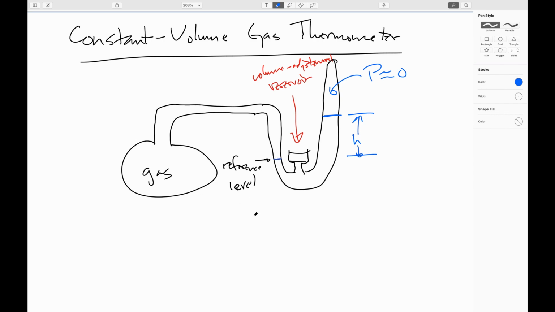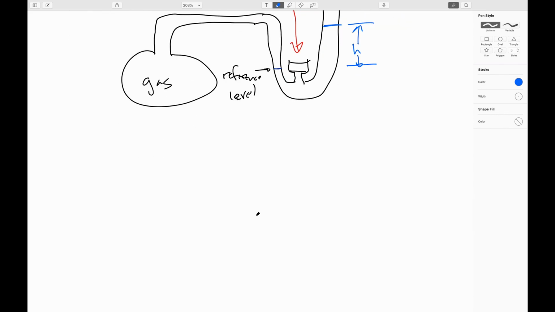if you plot the pressure as a function of temperature for different gases, you start to see something. So here I'm going to plot temperature and pressure. And here this is different gases and different densities.